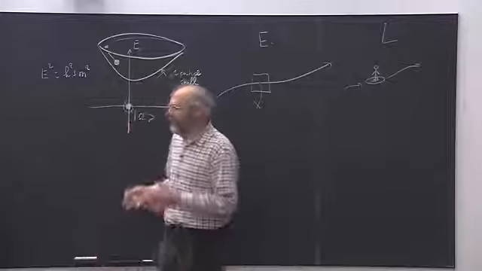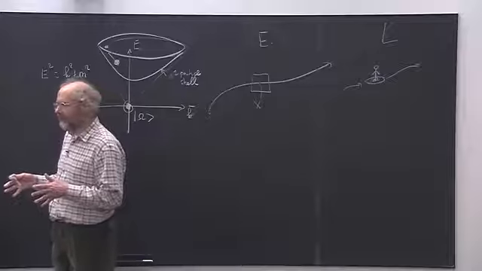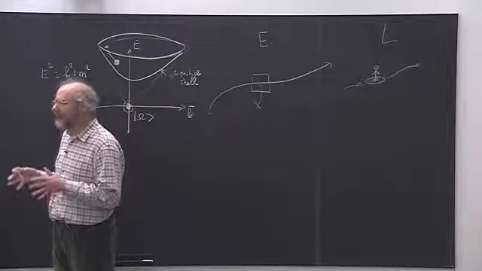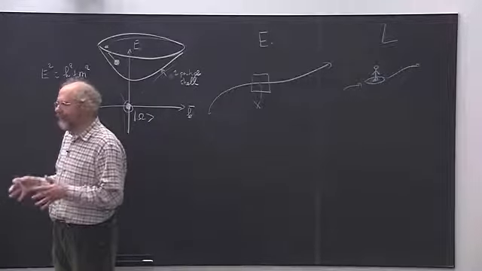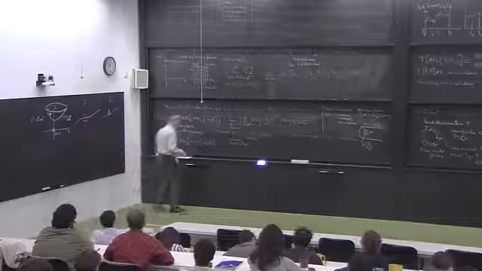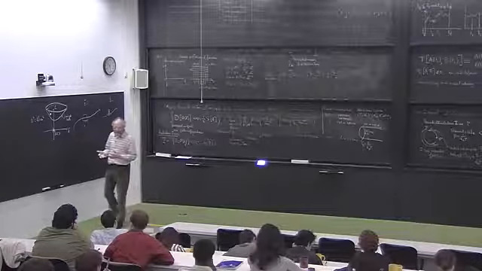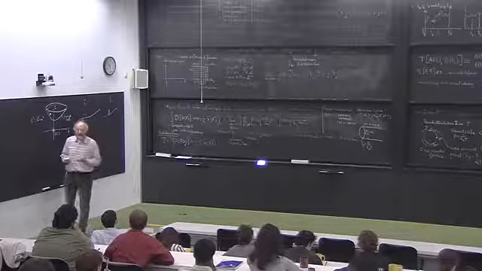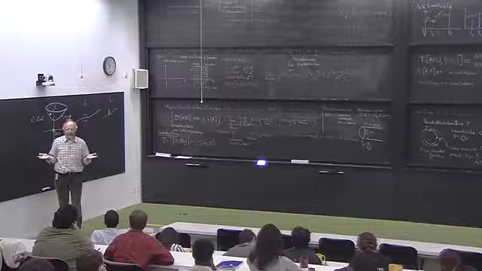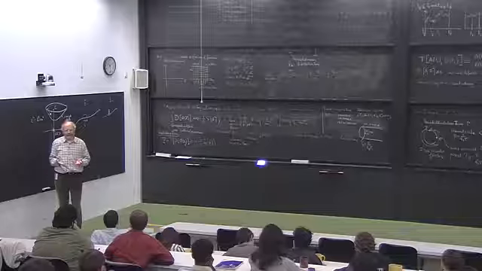So it makes sense to speak of thermal states in quantum field theory, but these are not Lorentz invariant. When you say that a state is a quantum state characterized by some temperature at equilibrium, it is at equilibrium in a given Lorentz frame. If you go to another Lorentz frame, it's not anymore at equilibrium.